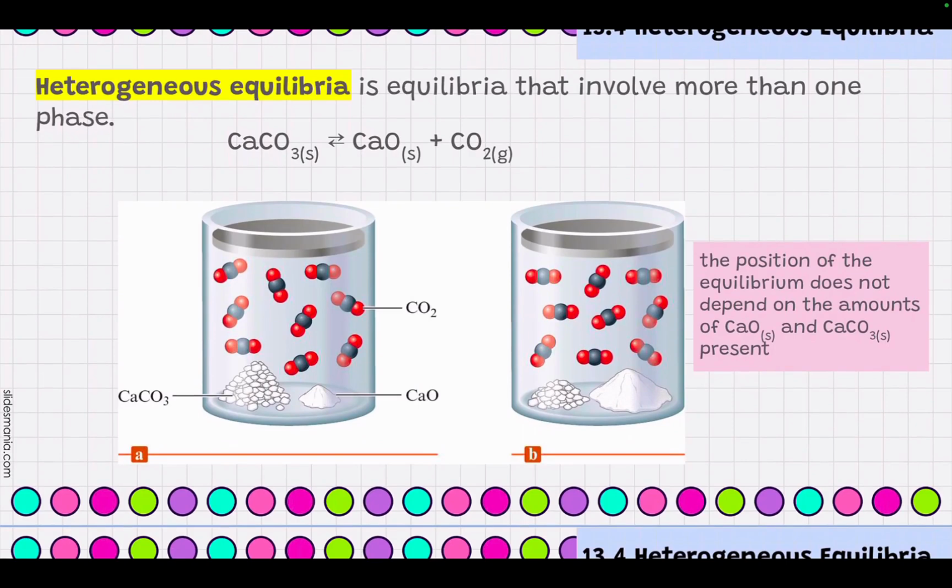So in here you can see that we have a solid, another solid, and a gas. So the position of the equilibrium, so the equilibrium constant, doesn't include things that are solid or liquid because they don't really have a molarity that can change. They don't have a concentration.